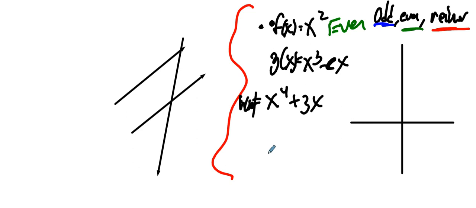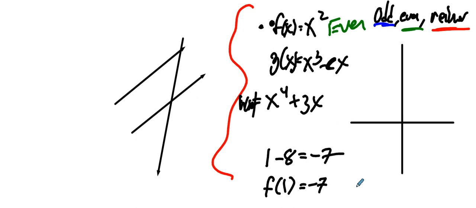So 1 minus 8 equals negative 7. So essentially, f of 1 is equal to negative 7. Let's find f of negative 1. Well, negative 1 to the third is negative 1, minus negative 8 times negative 1 is plus 8. So this is equal to 7. So f of negative 1 equals 7.